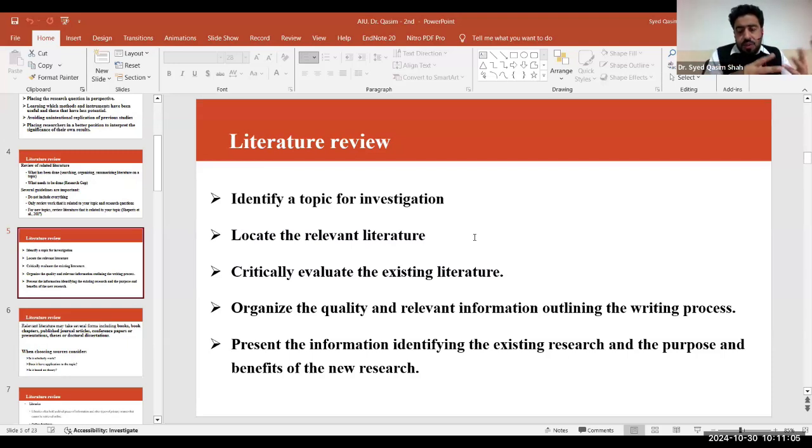So we organize quality and relevant information in the writing process. We need to include the most relevant things, most related to our research question, either a theory or empirical evidence that is closer to our research question.